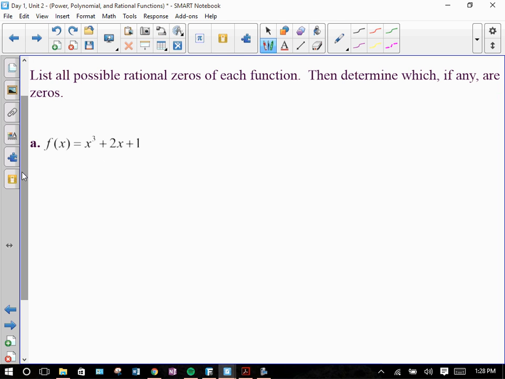We have to find two things. What the theorem tells us is that any zero that is a rational zero for this function is going to be of the form p divided by q. Now, p, those are factors of the constant.